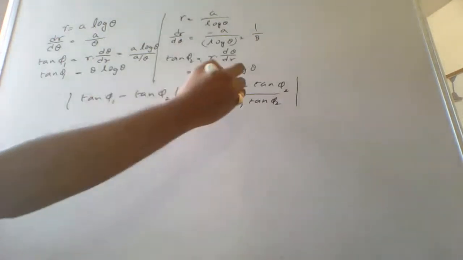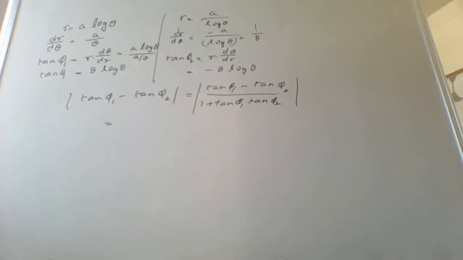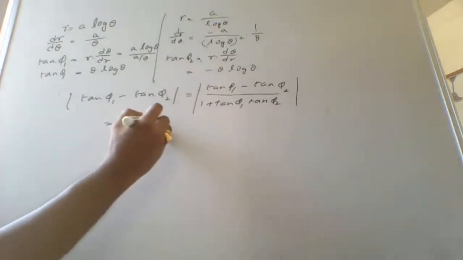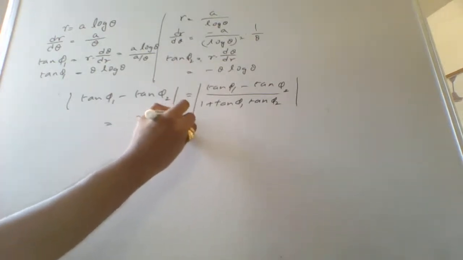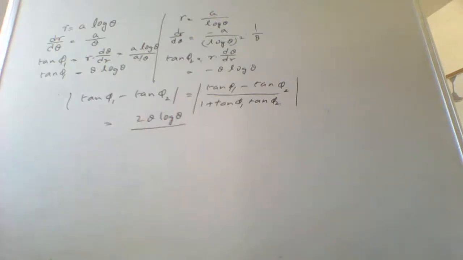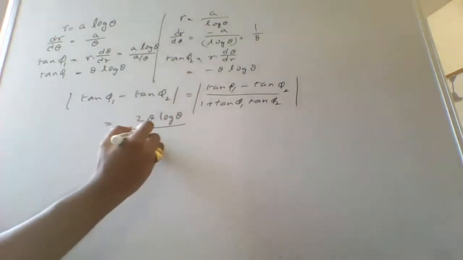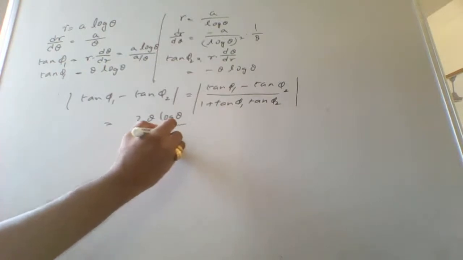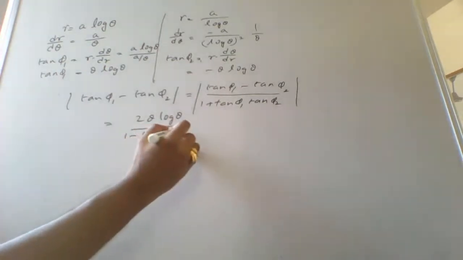So when you try to simplify this, I get 2 times theta log theta divided by 1 minus theta square log theta whole square.